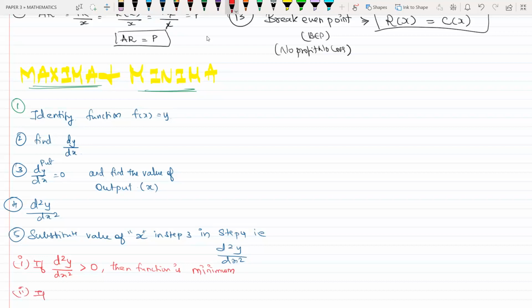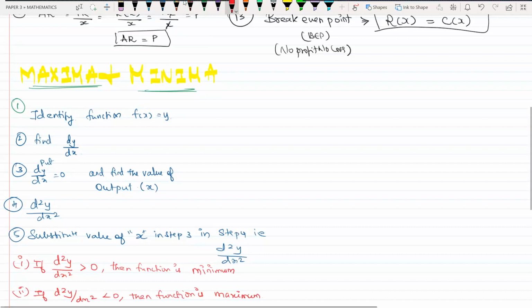Suppose if d square y by dx square, that is f double dash of x, is less than 0, having a negative value, I can say my function is maximum. In your examination, they have been testing 2 types of question.